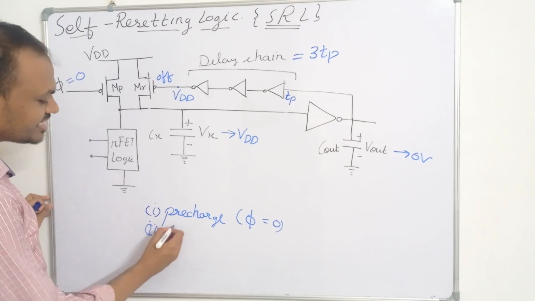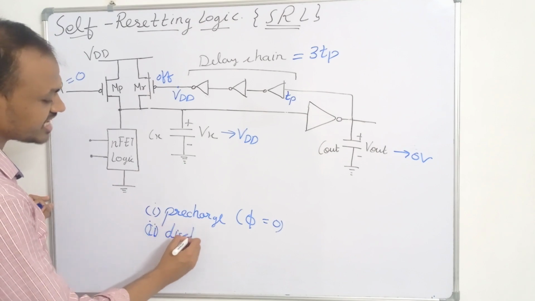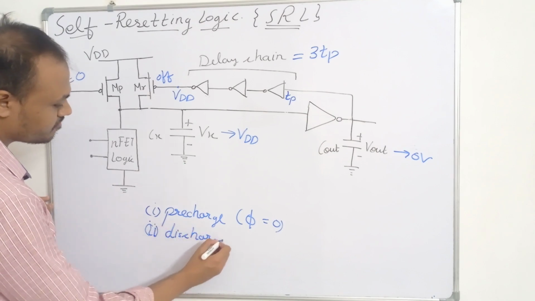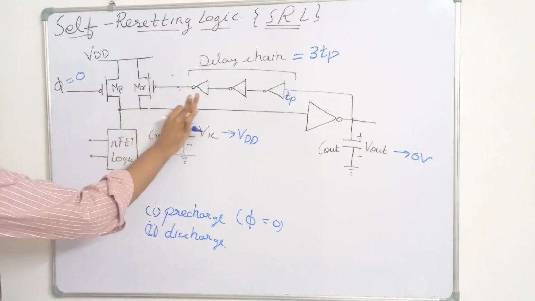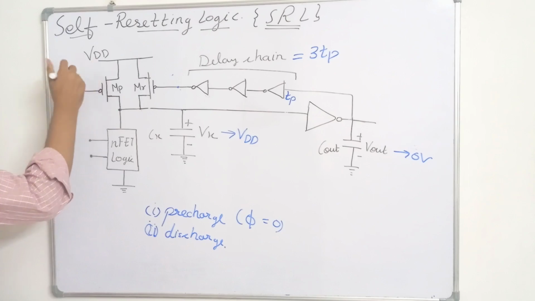Then the second phase is the discharge phase. In the discharge phase phi is equal to 1.